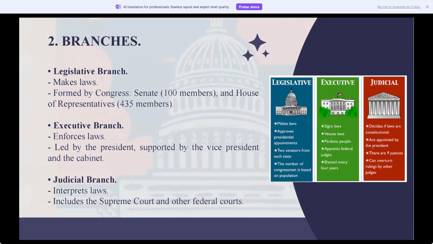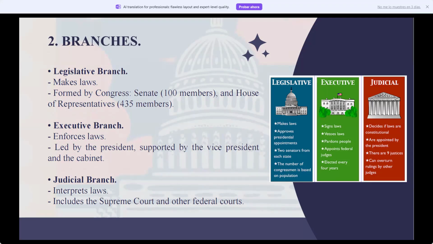Okay, now we're going to talk about the three main branches of the USA government, right? First of all, we have the legislative branch. It makes the laws and is formed by the Congress, which includes the Senate and the House of Representatives. The second branch is the executive branch, led by the president.